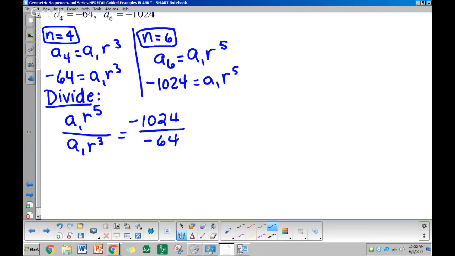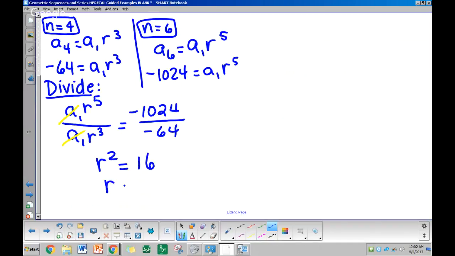It cancels out. Beautifully cancels out. So then we get on this side r squared equals 16. So r here could be plus or minus 4, and we can't tell because we only have a sub 4 and a sub 6. So we have two possible sequences.